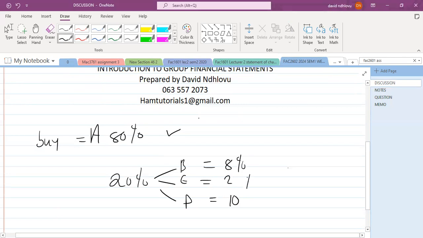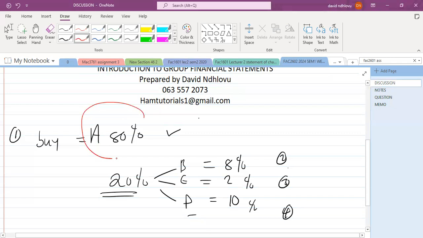Even if we combine these together, they only make up 20% of the shareholding. We have a company here with 4 investors. They all have a stake in that company, but company A holds the majority of the shareholding.